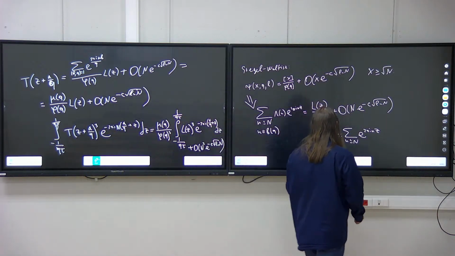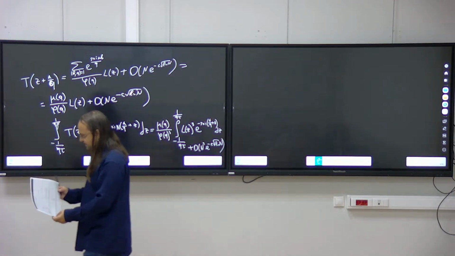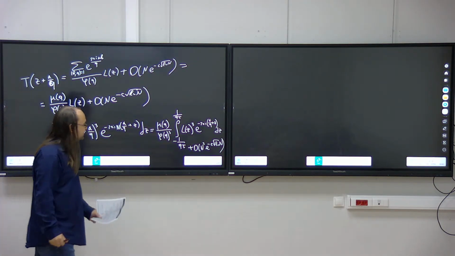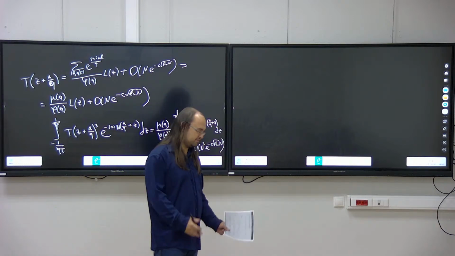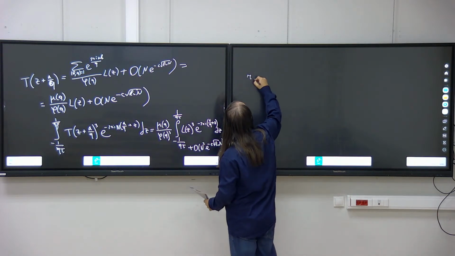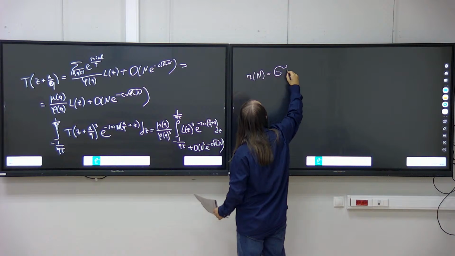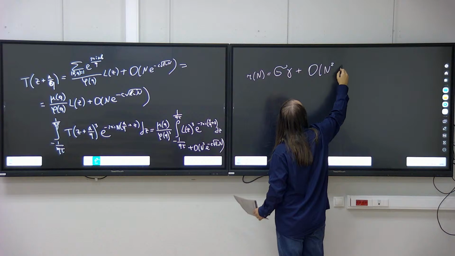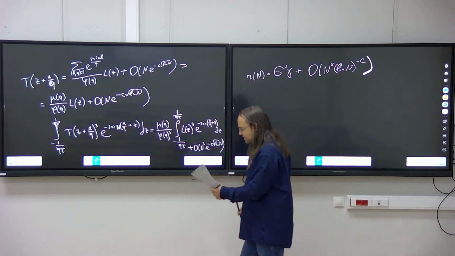Okay? And so what do we get from this? I would like to skip the rest of the computation if possible, because from this you get the following. You get that R of N is equal to sigma times gamma plus a remainder term. The remainder term looks like N squared over log N to some large power.